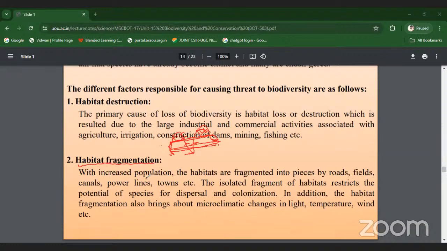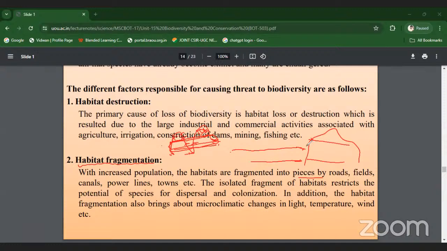Fragmentation: with increased population, habitats are fragmented into pieces by roads. Already here is one forest area. Now the government plans a road map. When it is interrupted, this region breaks into pieces.